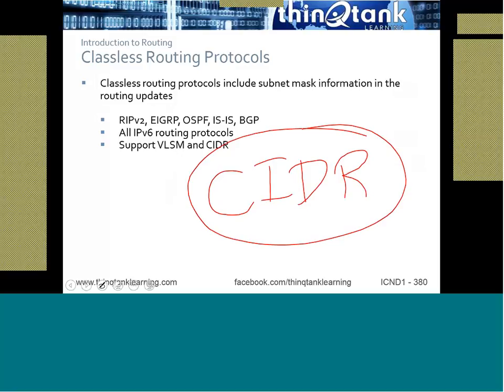Essentially what it means is that the routing protocol not only sends out network information when it's trying to reach a destination, but it also sends out subnet mask information. Subnet mask information is important because now I can identify the individual subnets.